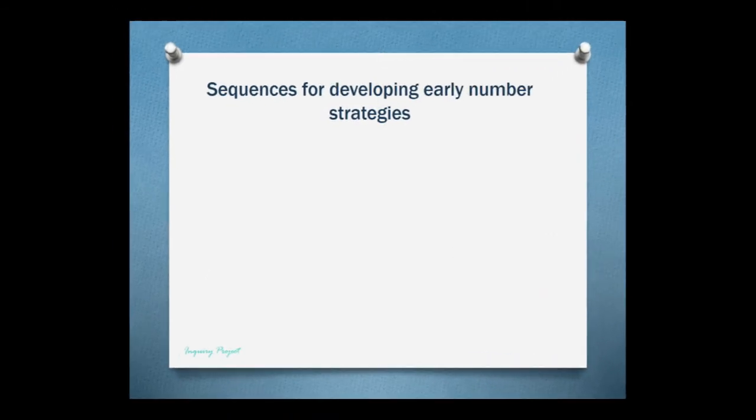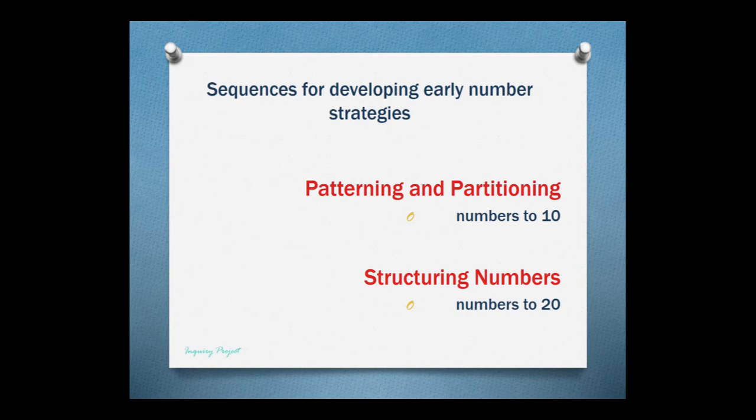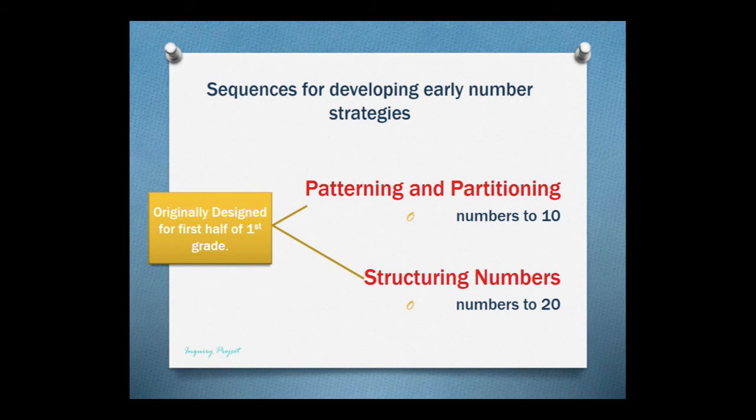Our answer to this question is to base instruction on patterning and partitioning, followed by structuring numbers around doubles, 5s, and 10s. Patterning and partitioning focuses on numbers to 10, and structuring numbers focuses on numbers to 20, specifically the teen numbers. These two sequences form the first part of the first grade year. They can also be used productively in the adjacent grades.